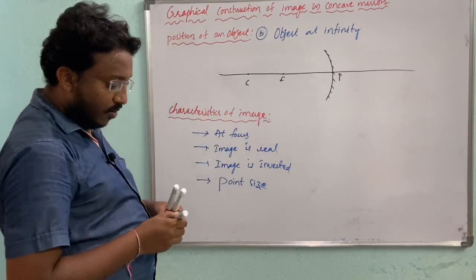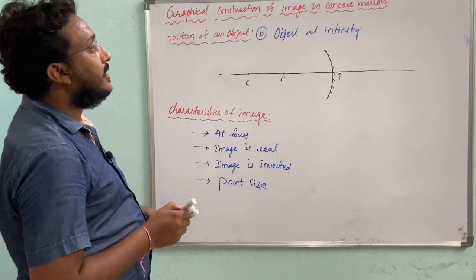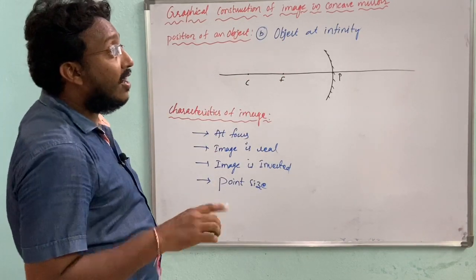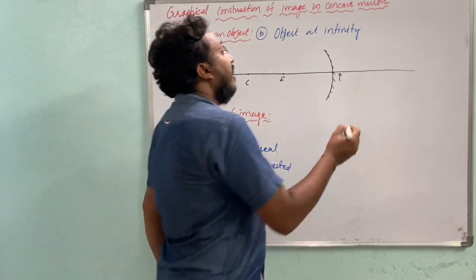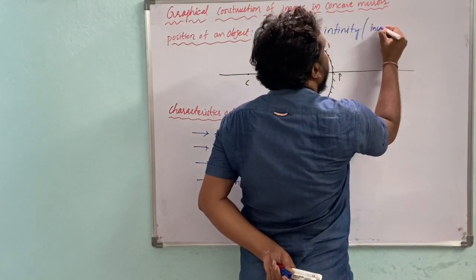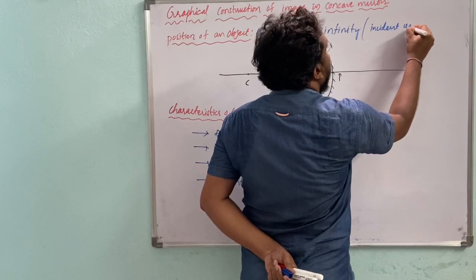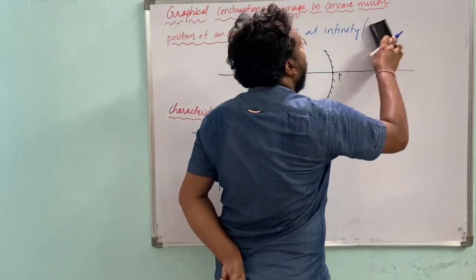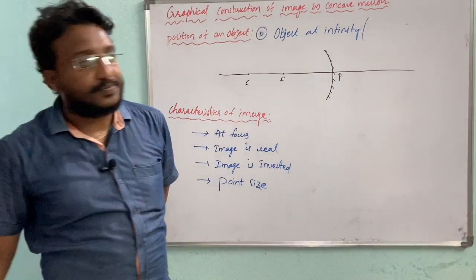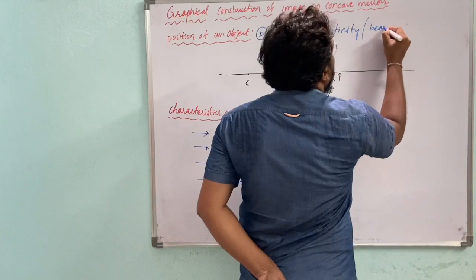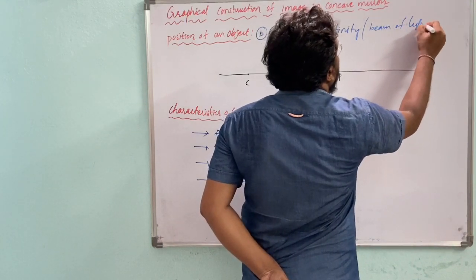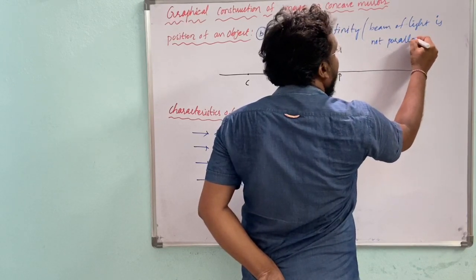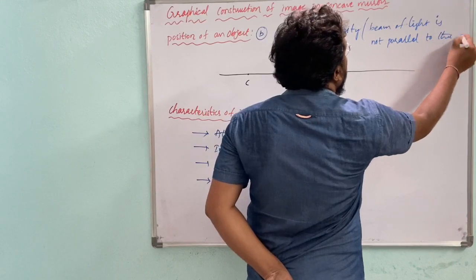Then here in the B case, here also the object is at infinity, but the incident rays are not parallel to the principal axis. Here the incident rays, or otherwise the beam of light, is not parallel to the principal axis.